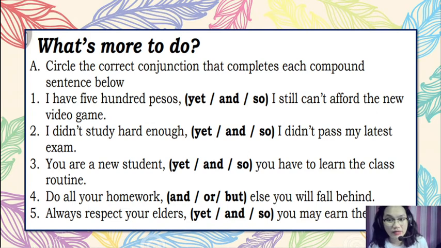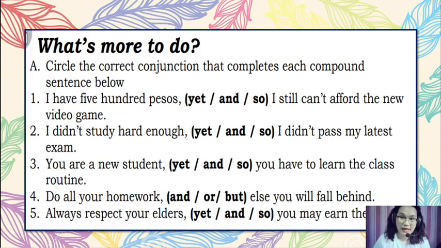Hindi siya nag-aral ng mabuti, or he didn't study hard enough. So, ano nangyari? I didn't pass my latest exam, or hindi niya naipasa yung test. What do you think is the proper coordinating conjunction that we should use? It is so. Okay? I didn't study hard enough, so I didn't pass my latest exam.